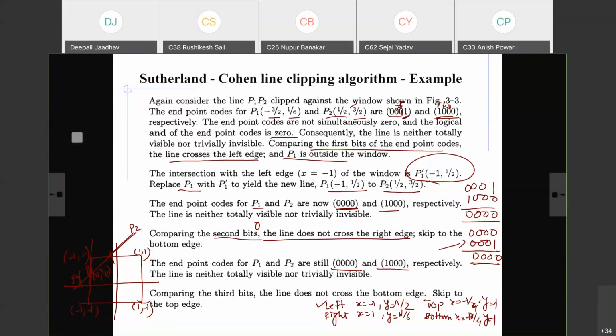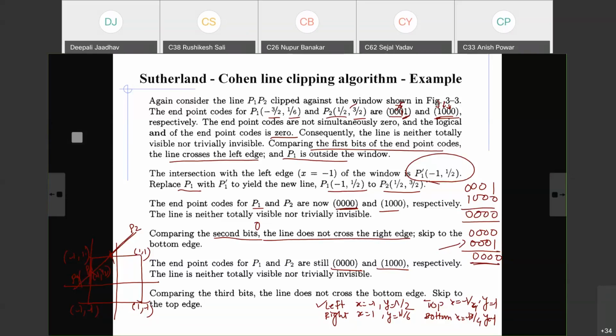And that's why we skip to the top edge. The last bit is for top. Now the last bit is 1. What do we need to do here? As the last bit is 1, we need to find the intersection for the top. So what is the intersection of the top?